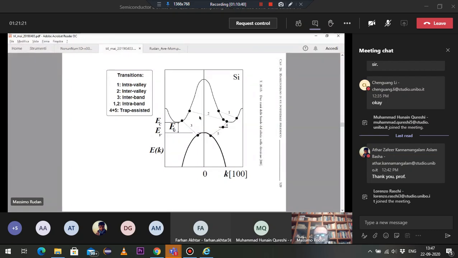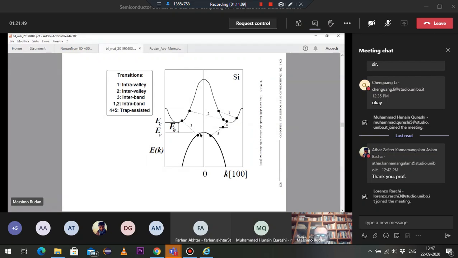Okay, why is it important to distinguish between intra-band and non-intra-band transition? Because the characteristic times of the transitions are very, very different, okay? The intra-band transitions are very fast. Other types of transitions are rather slow, okay?